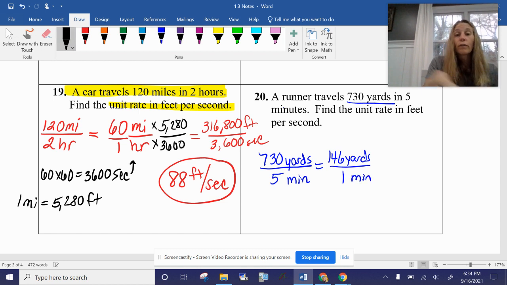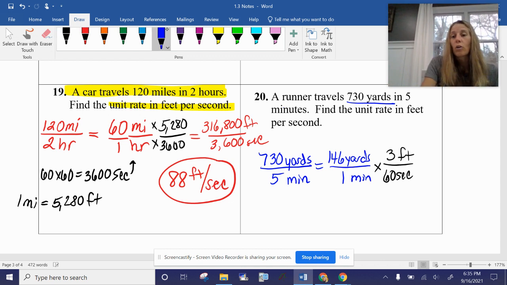But because we want to convert the units, I know that there's 60 seconds here in that 1 minute. And there are 3 feet in a yard. So I'm going to just multiply the yards by 3 to get feet. So 146 times 3 is 438 feet.